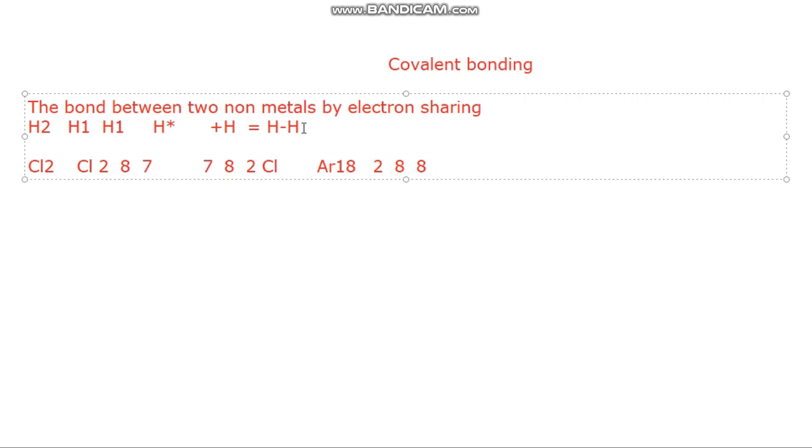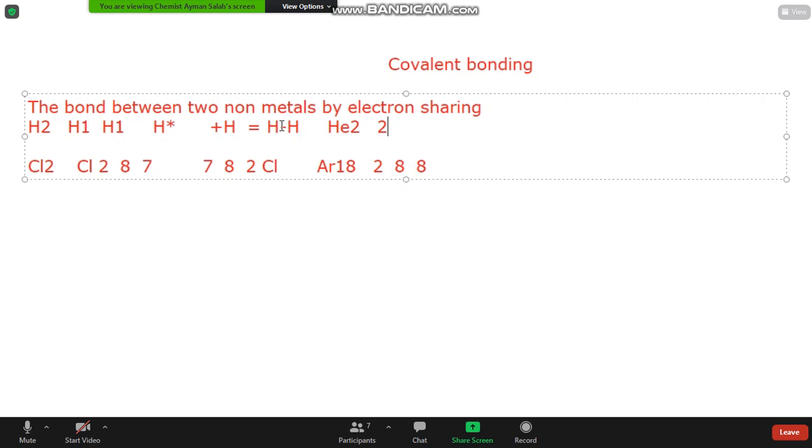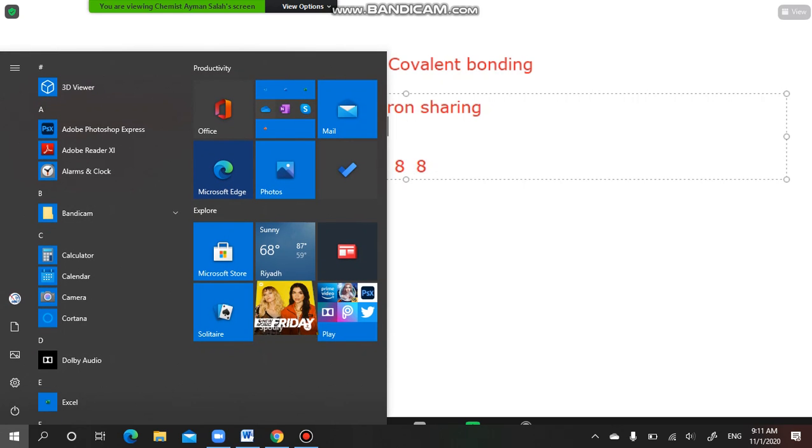So hydrogen tends to reach the electronic configuration of helium, which has 2 electrons and is the nearest noble gas. Hydrogen reached it by electron sharing. These electrons belong to the 2 atoms.